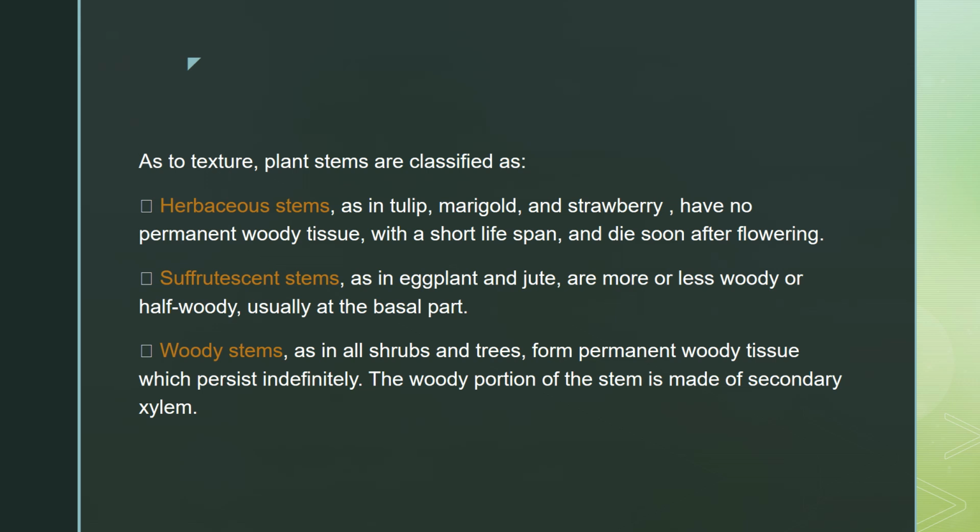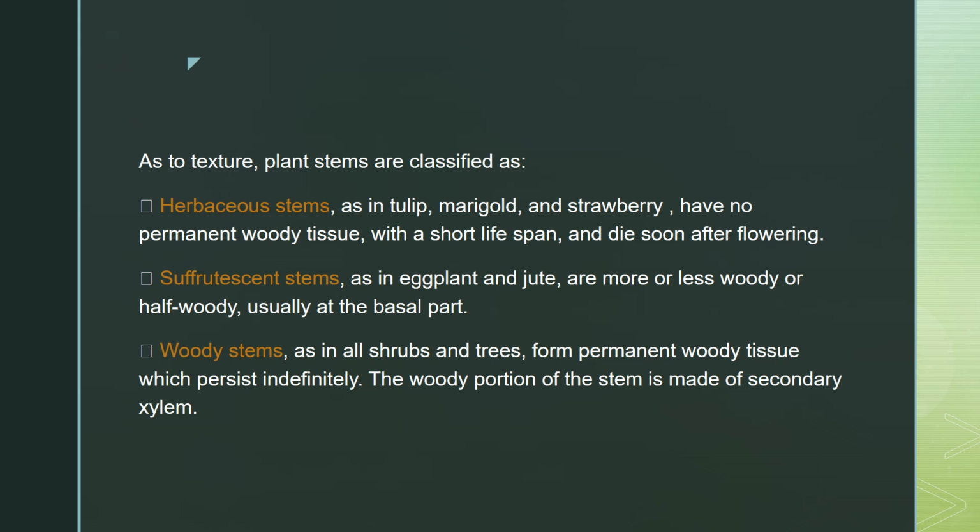The other one is suffragant stems. This type of stem, suffragant stems, as in eggplant and jute, has two types of tissues. At the base of the stem there is woody tissue, and another part of the stem is herbaceous.